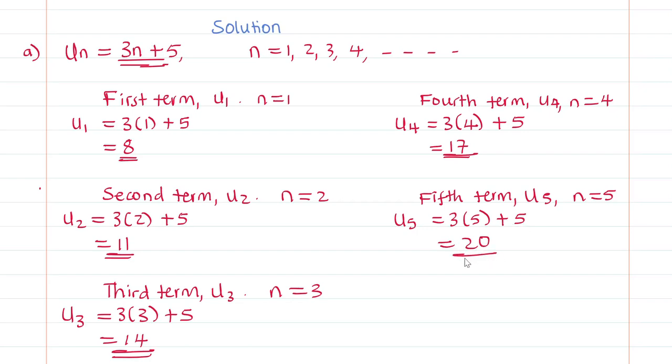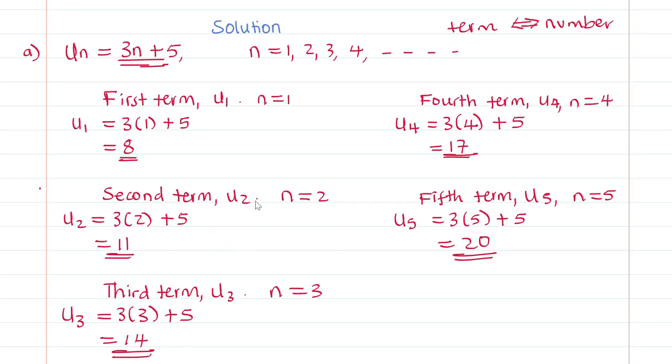So our fifth term is 20. The fifth term means the term or the number. Okay? If I say term, as a reminder, a term is the same as a number. So the fifth number or the fifth term is 20. That is a number in position 5.